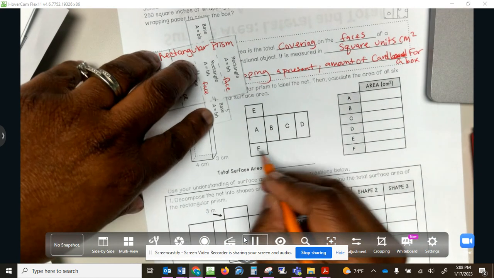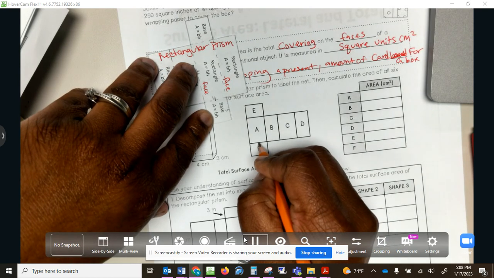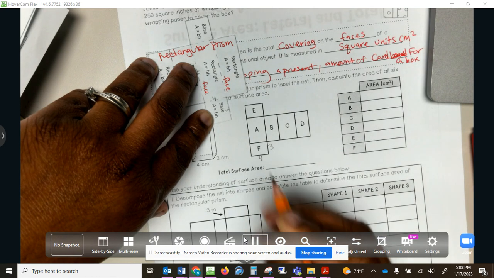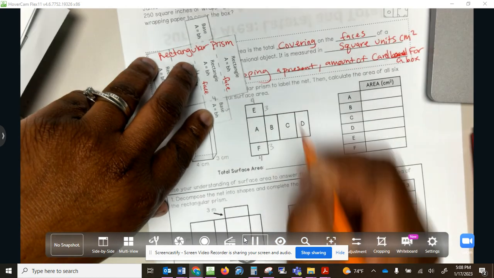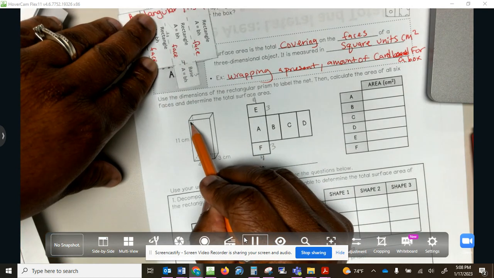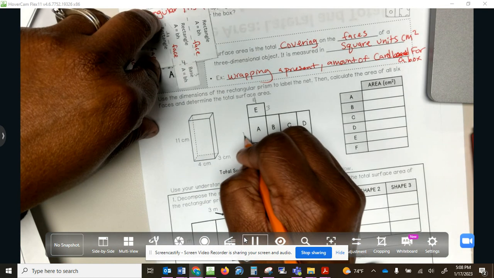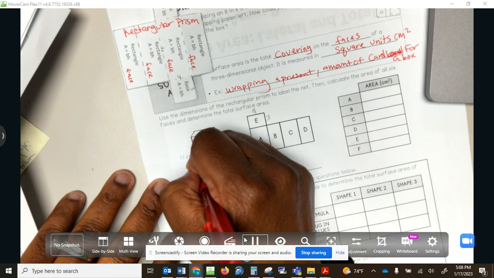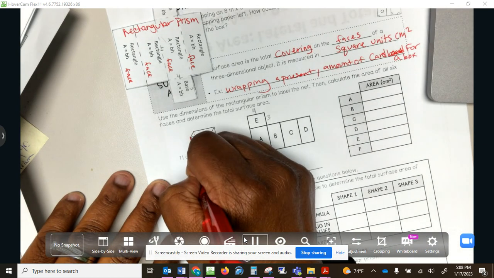So here, I know that if this is 4, right here will be 4, right here will be 3, right here will be 4, right here will be 3. And we talked about that this is 11 because that's 11 here. So my 11 will go there. So let's go ahead and show what that looks like. I'm going to just use some different colors.